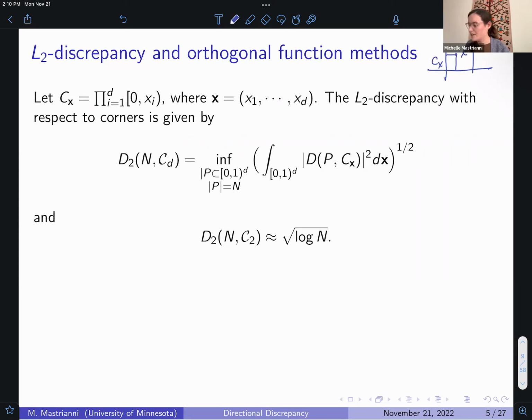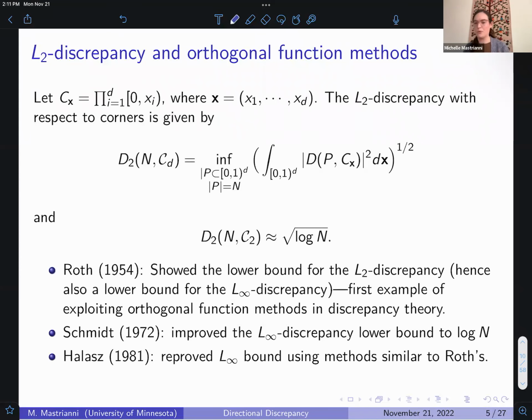And so we can integrate the local discrepancies of the point sets with respect to these corners over the unit cube and take this L2 average. And then exploit orthogonal function techniques to get a lower bound of square root of log n. And this was later improved to log n using other methods. So in 2 dimensions, the discrepancy is completely understood. We have logarithmic discrepancy with respect to corners.